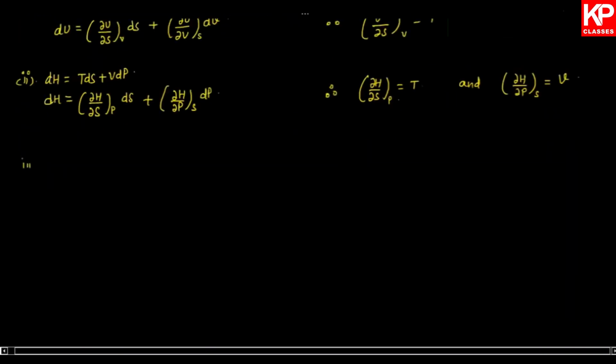Similarly, for the third part, that is the free energy, the equation we obtained was dG equals VdP minus SdT. So you can write the dG term as ∂G/∂P at constant temperature dP plus ∂G/∂T at constant pressure dT.